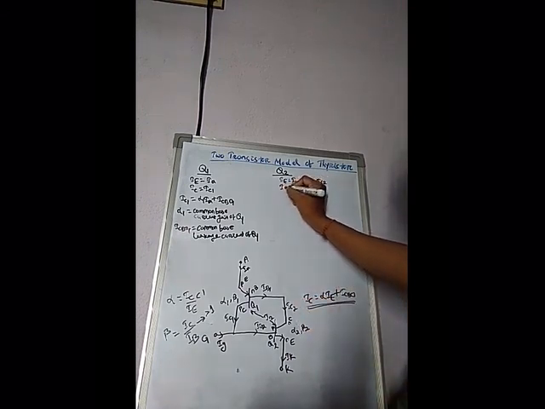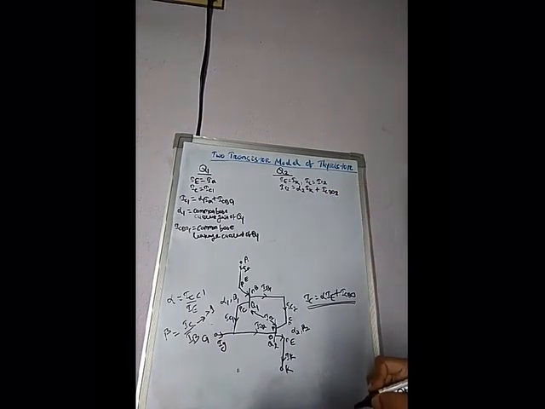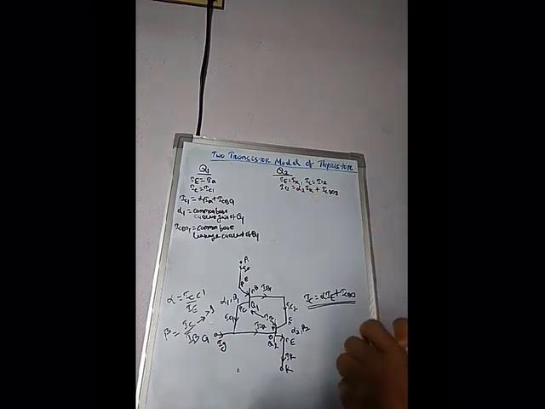That means IC2 is equal to alpha 2 IK plus ICBO2. Clear? So here also alpha 2 is the common base current gain of Q2, ICBO2 is the common base leakage current of Q2, and IK is the emitter current of Q2.